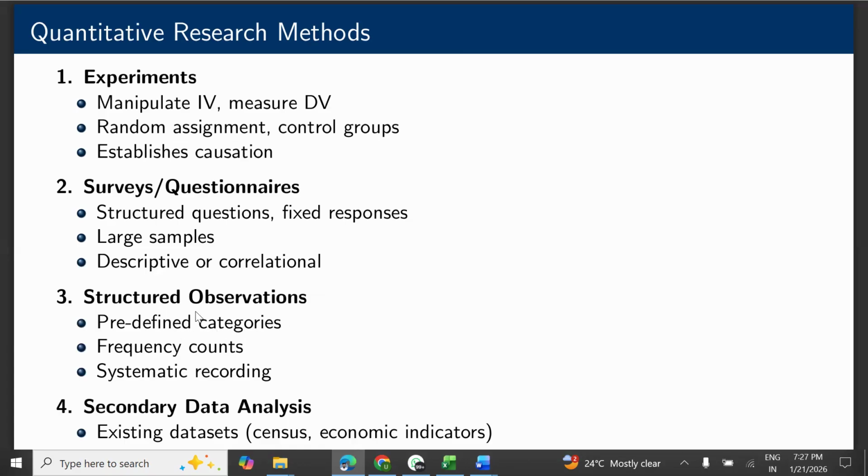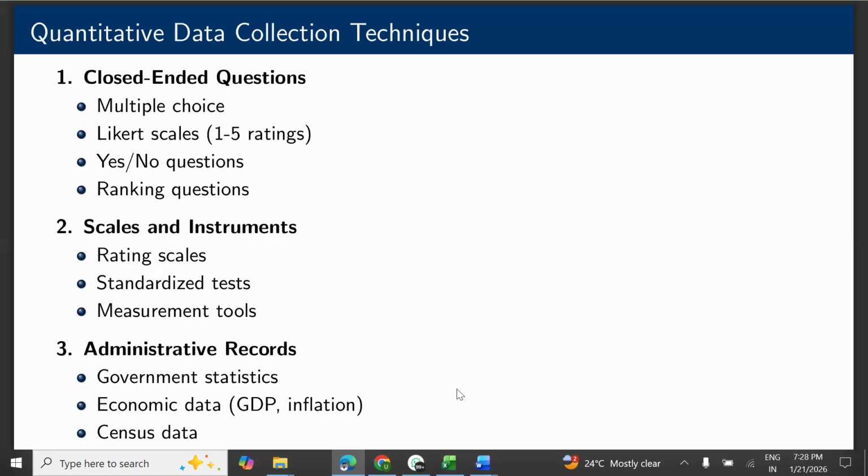Other research methods include structured observations, which have predefined categories, frequency counts, and systematic recording. Also, in quantitative research we largely use, in our dissertations, secondary data analysis, for example GDP, inflation, all these data which already exist, various macroeconomic indicators. Those are part of the quantitative research methods.